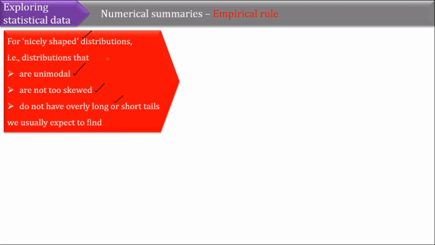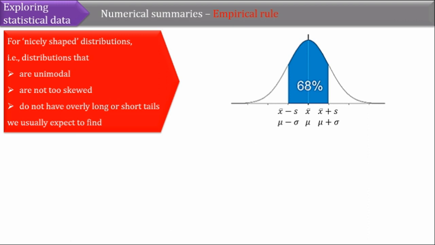Right, so if we have a nicely shaped distribution that has these three properties, then what we'll find is that 68% of the data lie within one standard deviation of the mean. So the mean will be the middle point, whether it's a sample or whether it's a population, it doesn't matter. If the distribution is symmetrical, then the mean will always be in the middle. Okay, listen carefully.